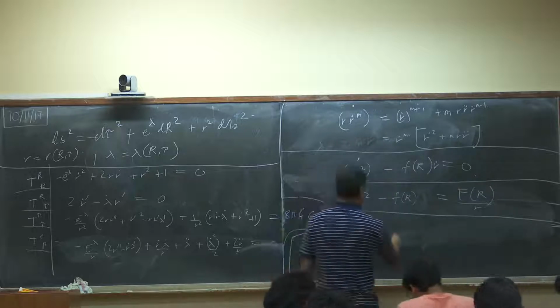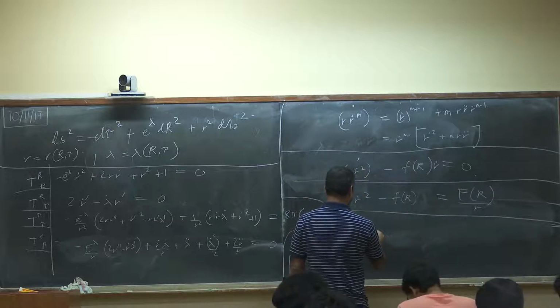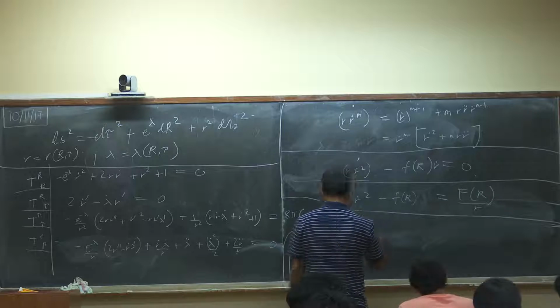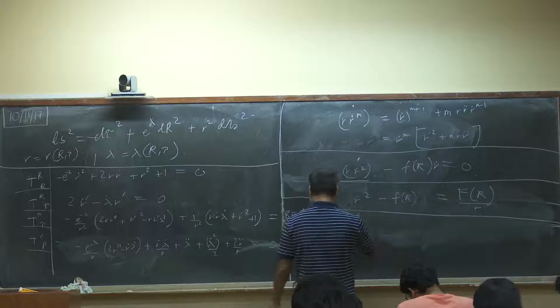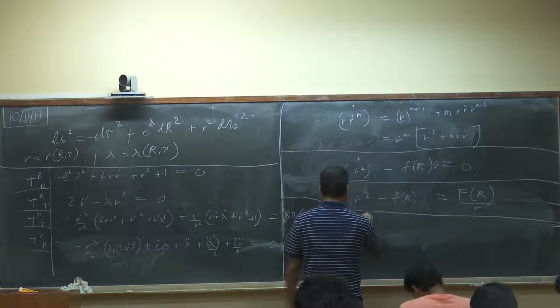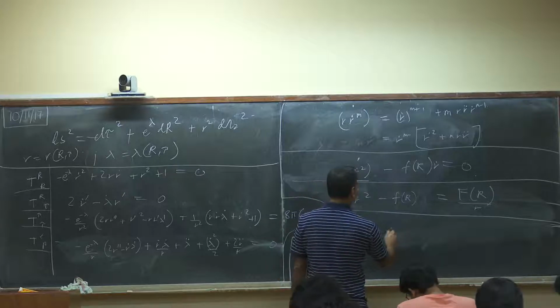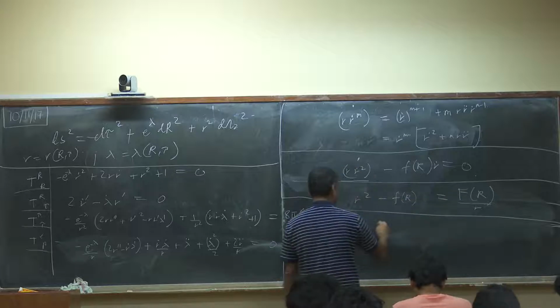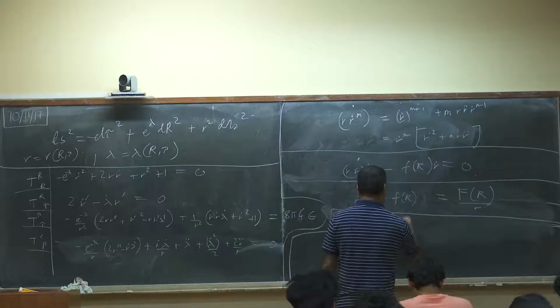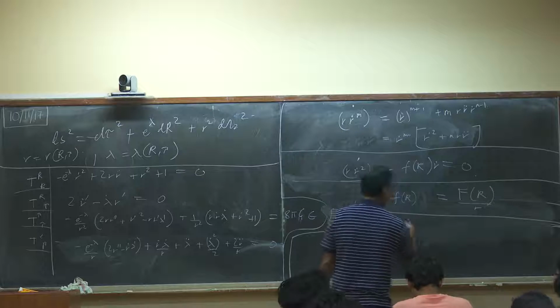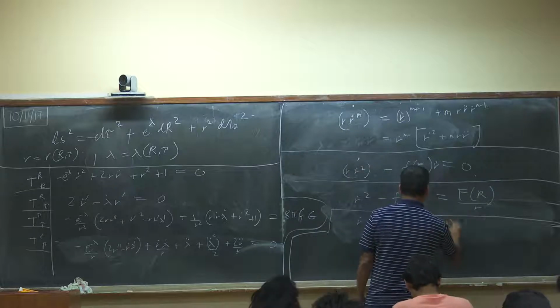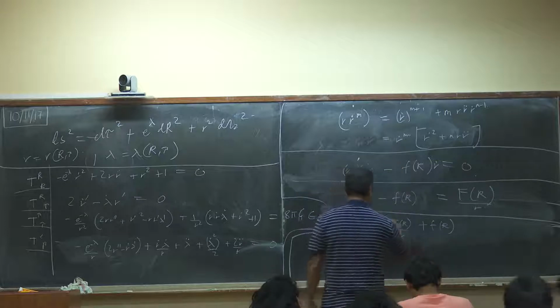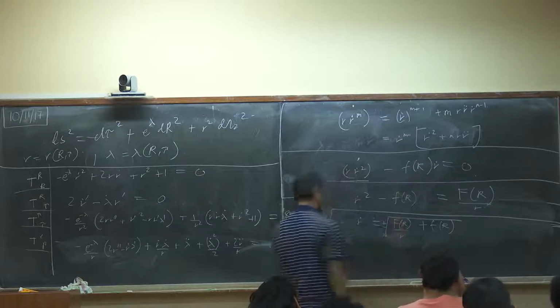So 1 by R equals something, 1 over L into 1 plus epsilon, something like that. So this is r dot, and we'll take everything to that side first. It is equal to f of r by r plus f of r, square root, plus minus.